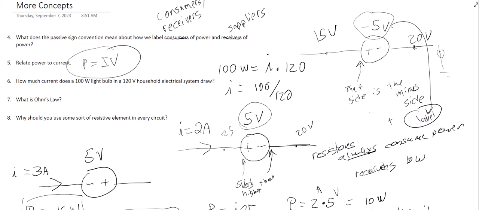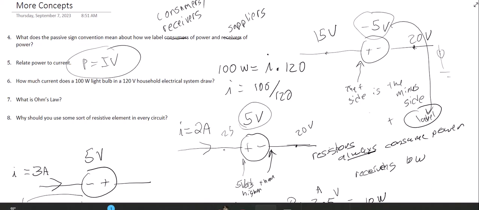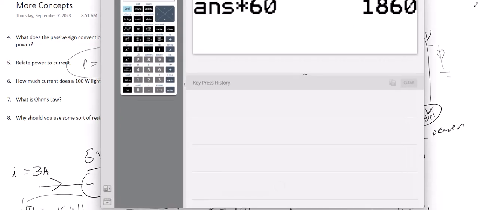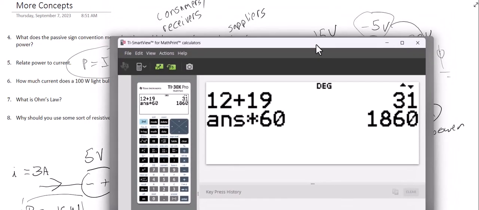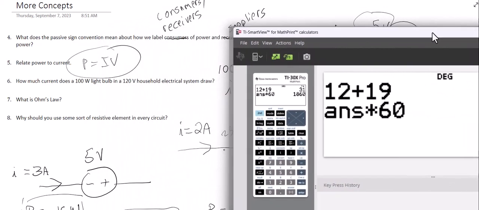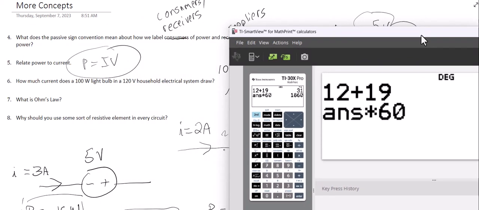And the whole reason I brought this up is because I wanted to give a strong recommendation for anybody watching this. So this calculator up here, the computer version I used, says TI-30X Pro, but you only get the 30X Pro in Europe, I think.